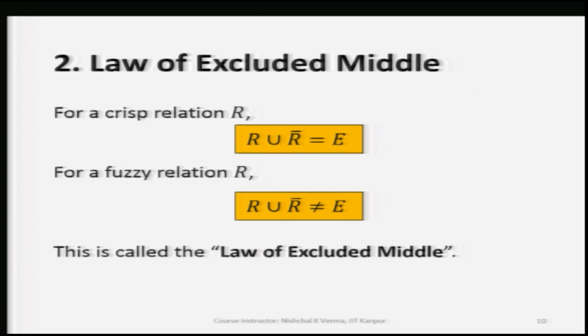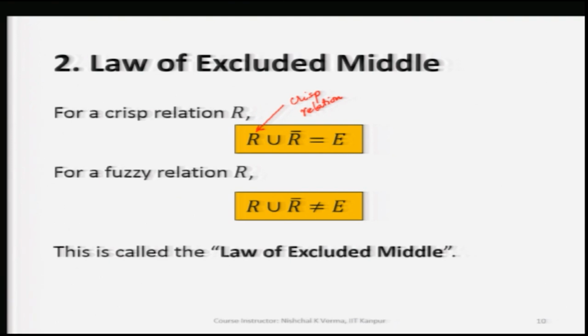So, let us now come to the second property, which is the law of excluded middle. In the law of excluded middle, as we all know, if R is our crisp relation, when we take R union R bar, we get the universe of discourse.